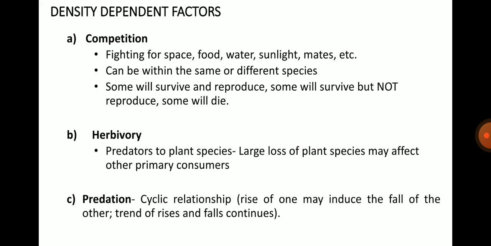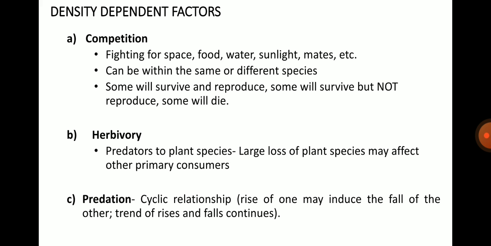Some of the density dependent factors are competition, herbivory, predation, parasitism, then stress from overcrowding, etc. So let us learn about each in 2-3 lines. First is competition.